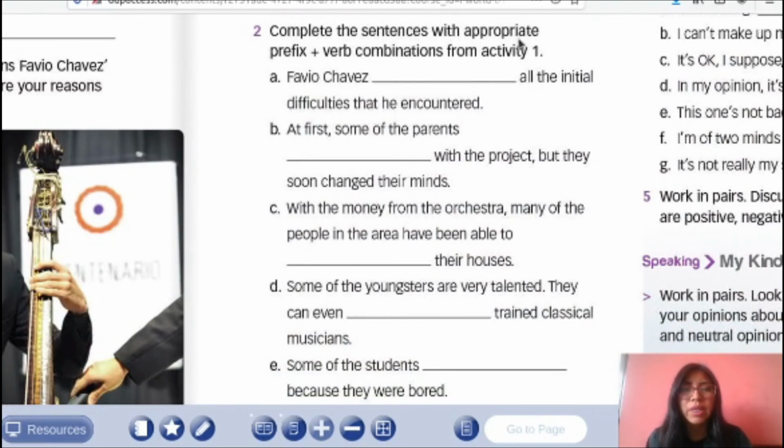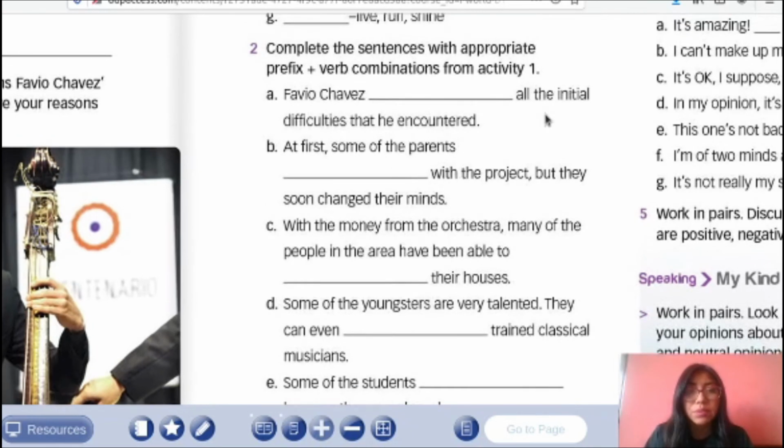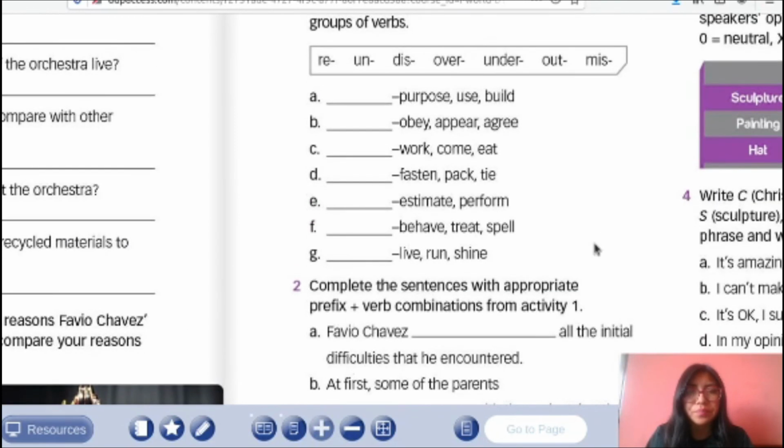Complete the sentence with the appropriate prefix plus a verb combination from activity 1. Okay, so remember your activity. Okay, Fabio Chavez, all the initial difficulties that he incurred. Okay, what kind of word can we use? In this case, we are going to use come, with the prefix over: overcome.